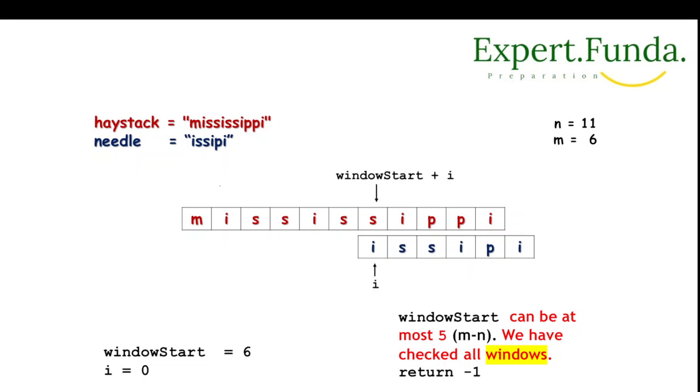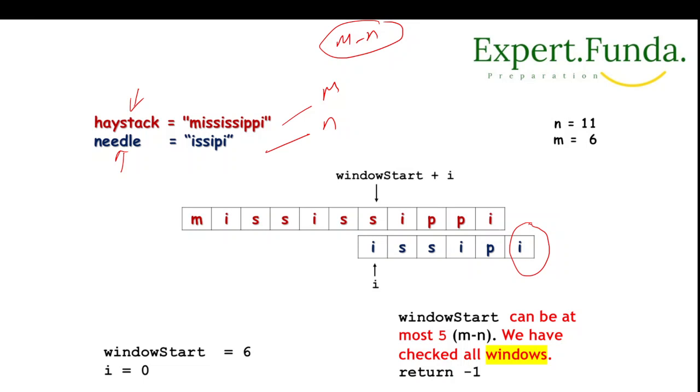If we talk about the length of this one, it is m, right? And the length of this one is n. So if you do m minus n, right, till that we can only check, meaning length of haystack minus length of needle. So it can be at most m minus 1, and we have to check all the windows, and then we will return minus 1, because we are moving to this element, where we will check this element.